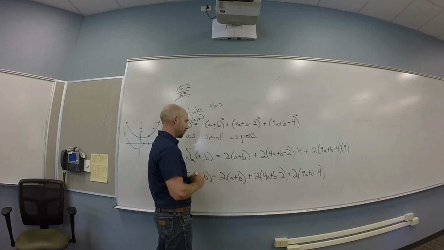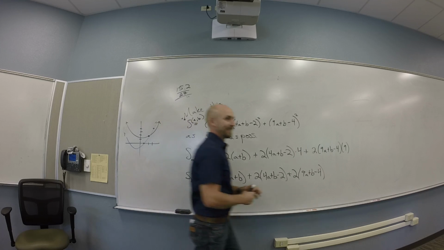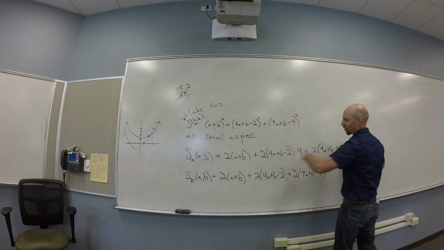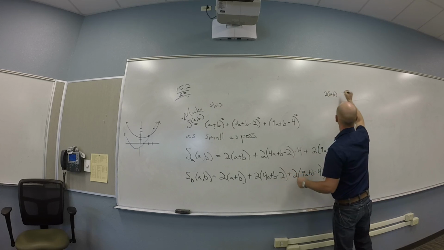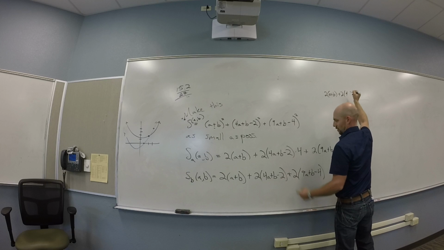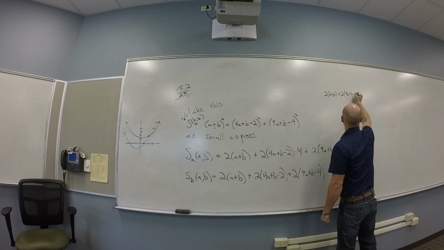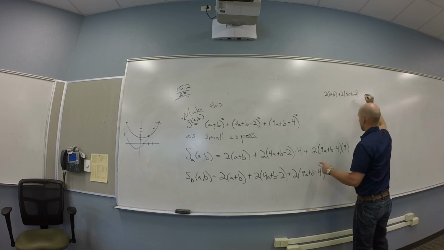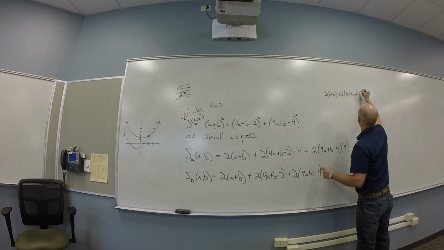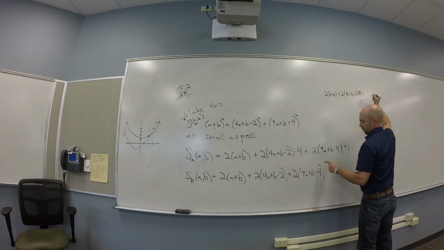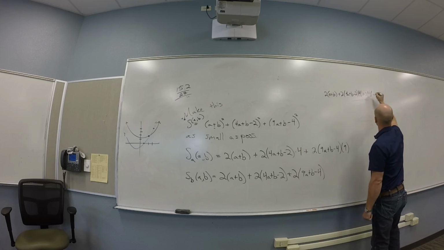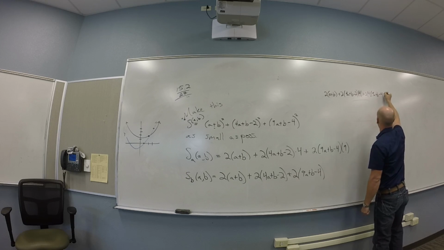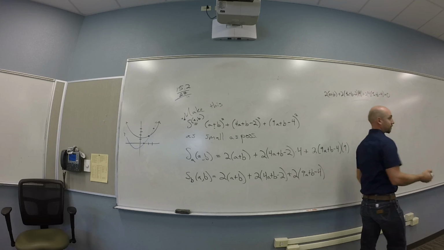Let's trot this thing over. We take 2 times (A plus B) plus 2 times (4A plus B minus 2) times 4 plus 2 times 9 times (9A plus B minus 4). Set this equal to 0, right?